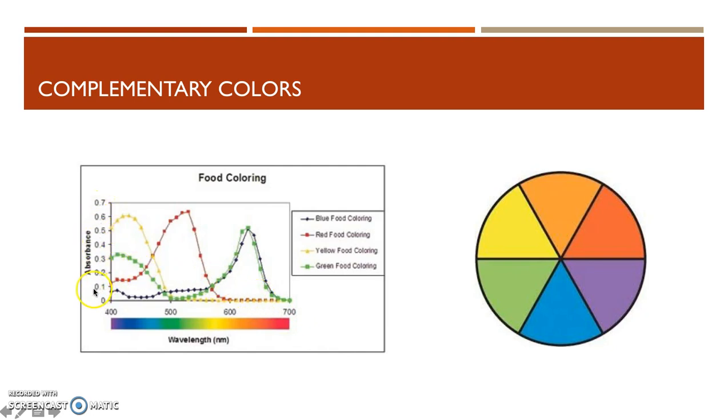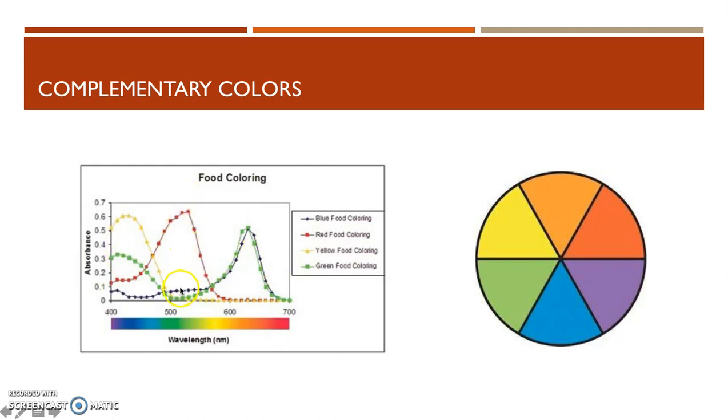Again, absorbance is on the y-axis, and we can see again that yellow food dye is absorbing light in the blue and purple region. We can see that the red food dye is absorbing light in the green region. We can see that the blue food dye is absorbing light primarily in the orange region.